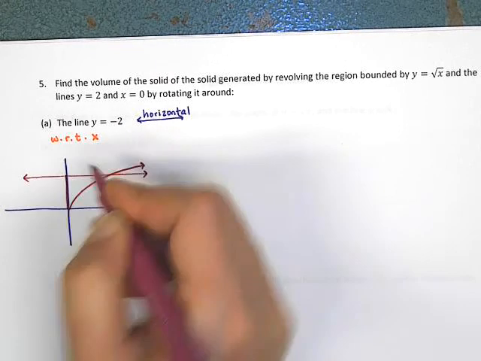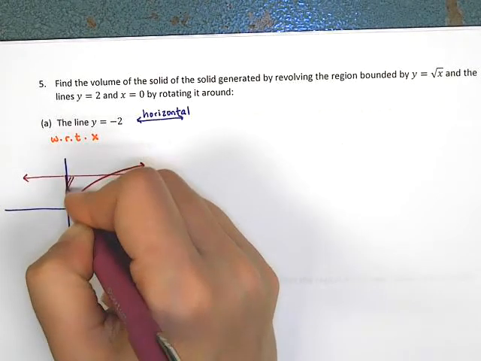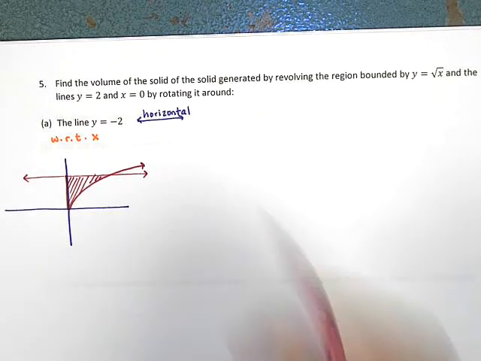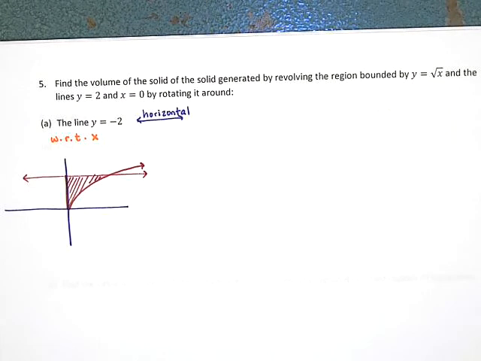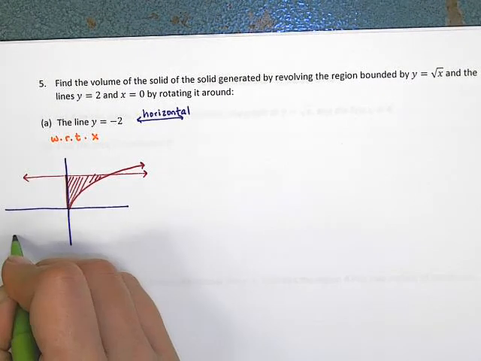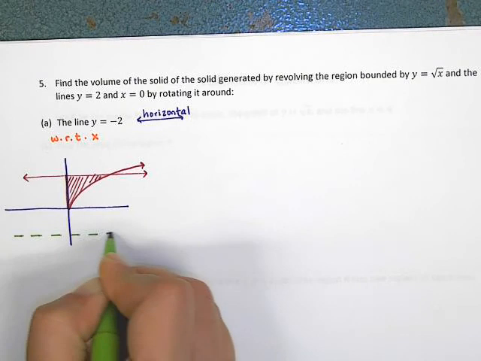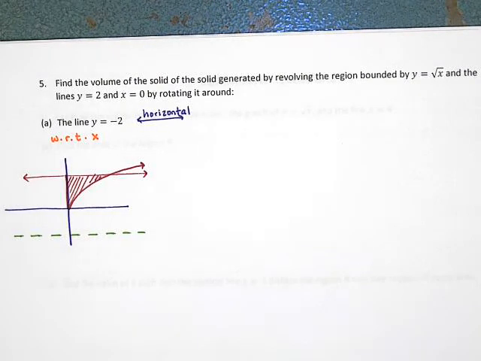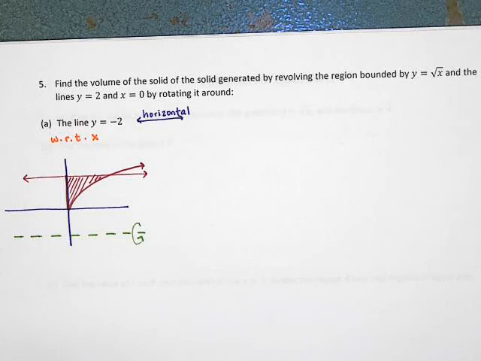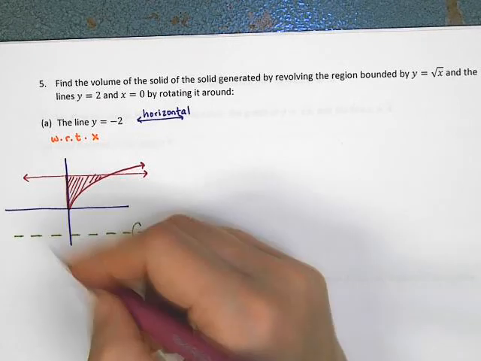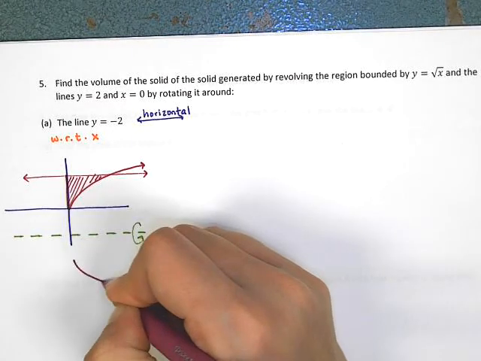So it's this same region, which we kind of looked at before. And in this problem, I'm going to revolve it around the line y equals negative 2. Now, when I do that, the reflection of this region is going to be way down here.